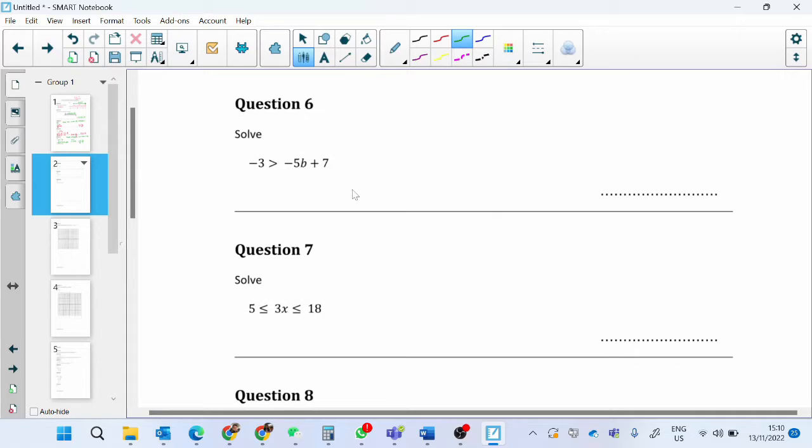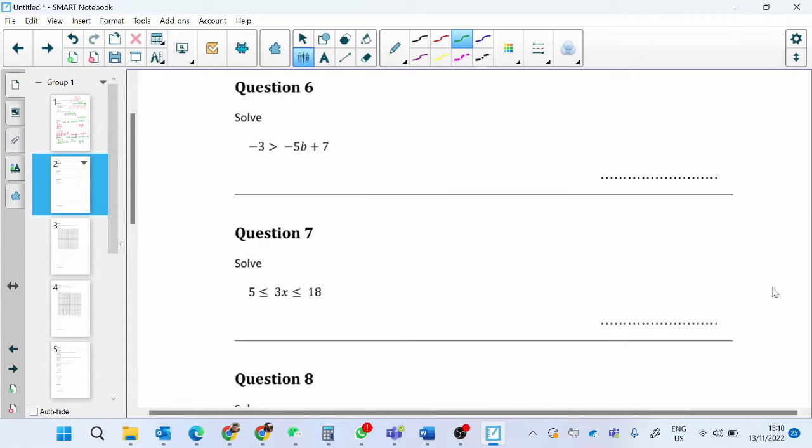Okay, question number 6 says like this: -3 is greater than -5b plus 7. So in this type of inequalities, we can see that this b is negative, right?